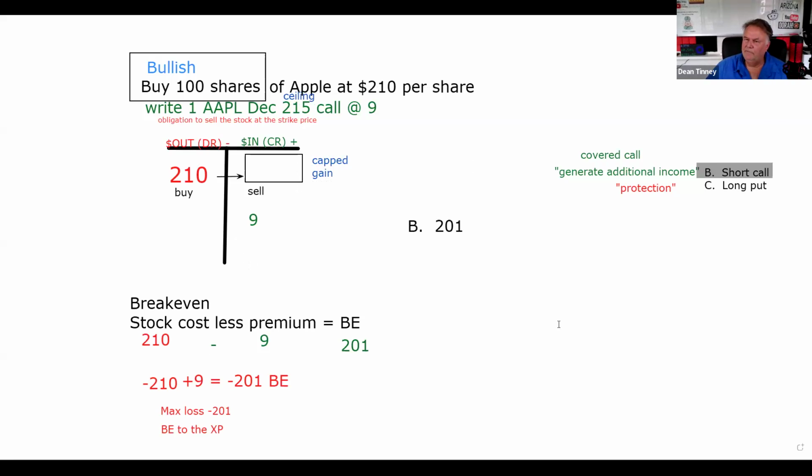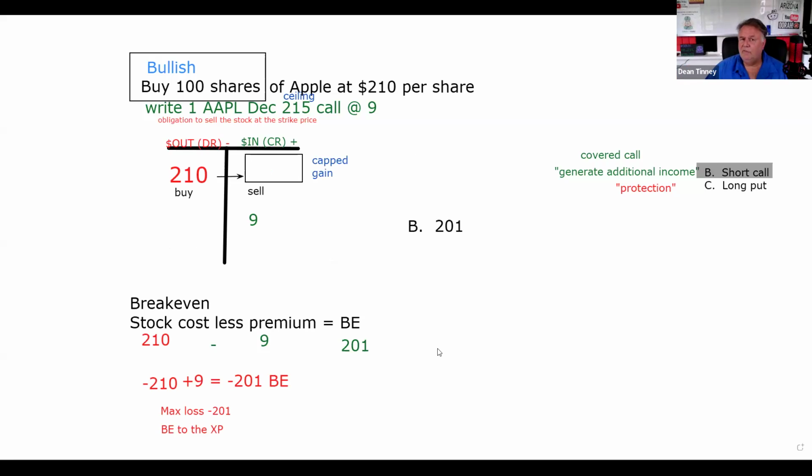They're going to be upset when this gets called away from them at 215 or higher, and Apple's 240 or 250 or 260. They don't participate past the strike price. That is the disadvantage of a covered call, is you don't participate past the strike price.